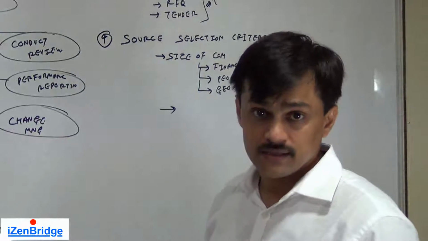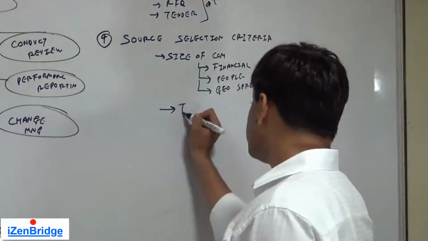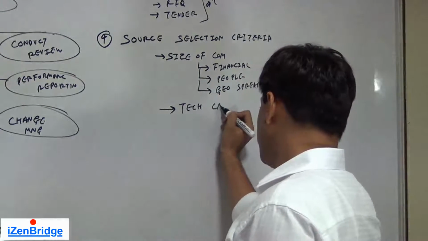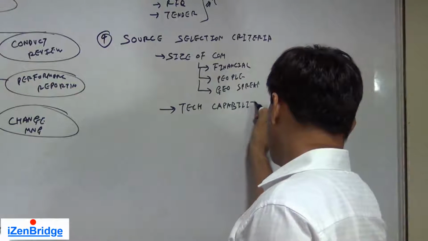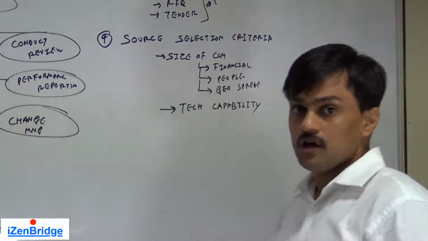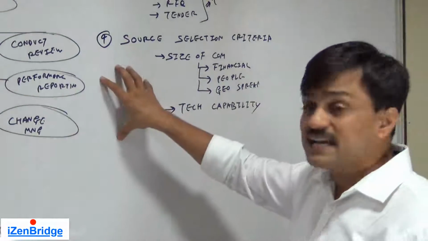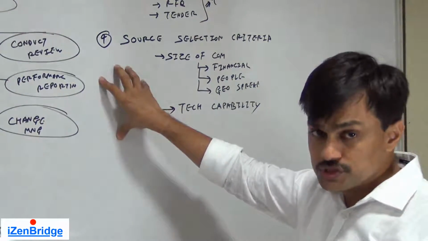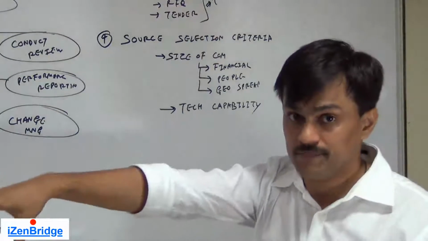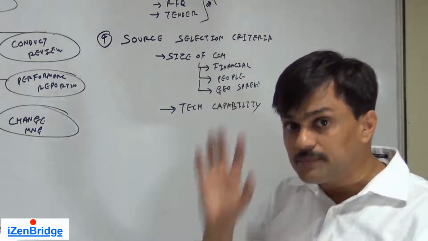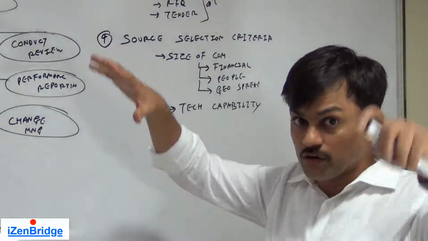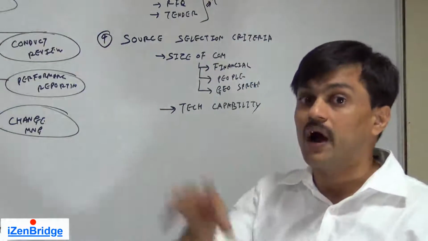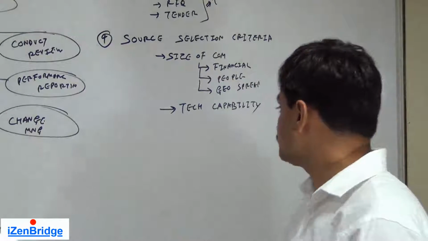Technical capability could be used while evaluating the vendors. So these source selection criteria would be used while we conduct procurement. Here we are recommending the set of criteria at a broad level you should be using while evaluating the vendors.